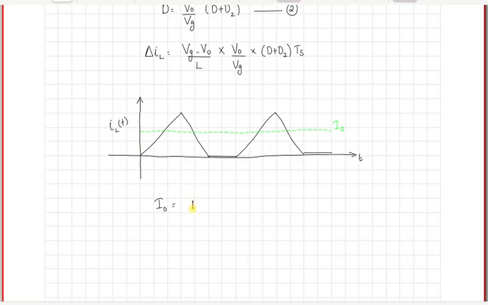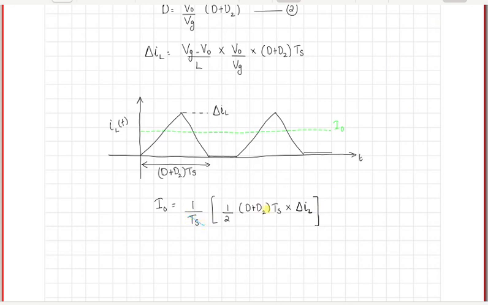So you will get 1 by Ts times, what is this interval? This interval is nothing but (d plus d2) times Ts. So it is 1 by Ts times half into (d plus d2)Ts into, what is this height? This height is what we call delta IL now. So that is delta IL.